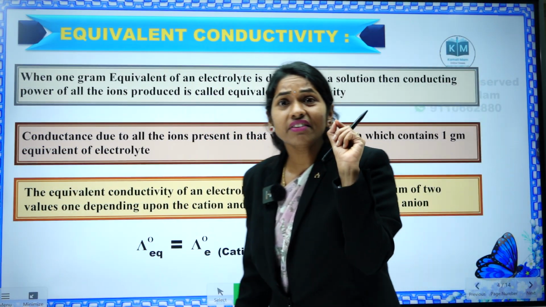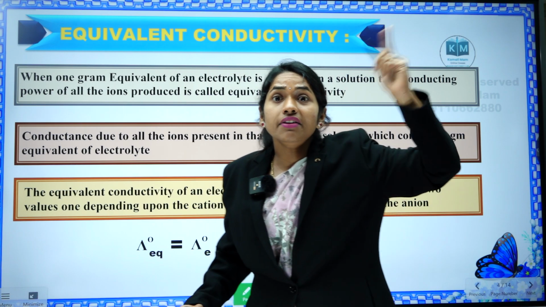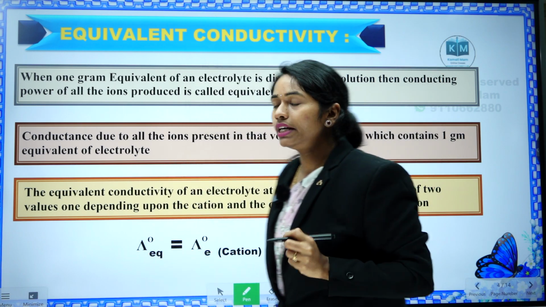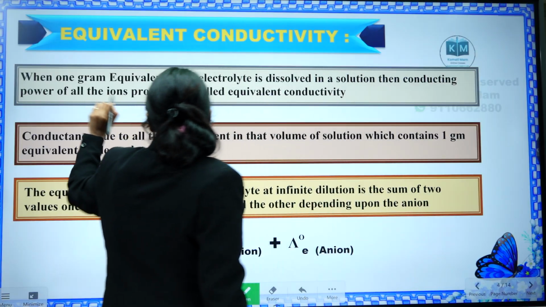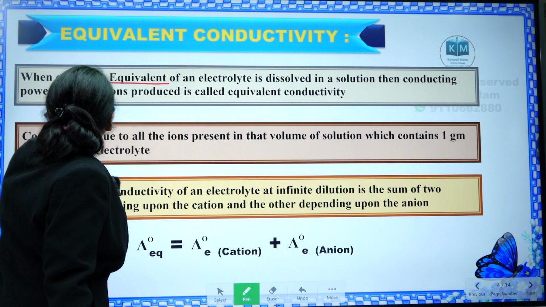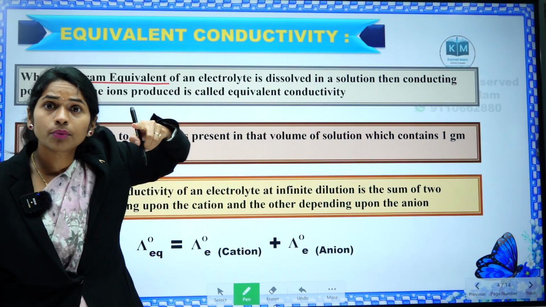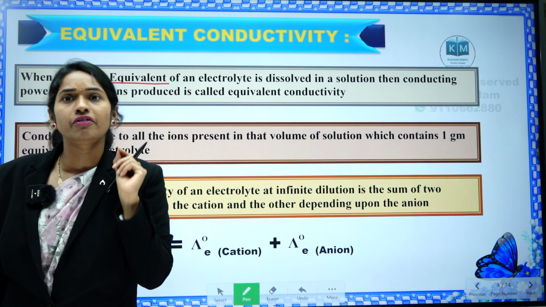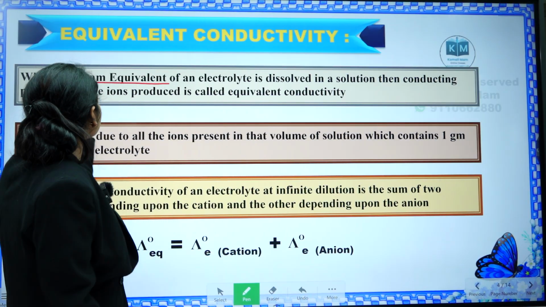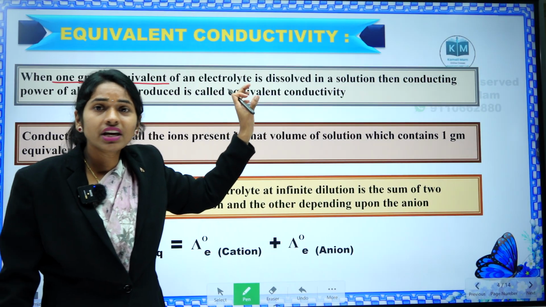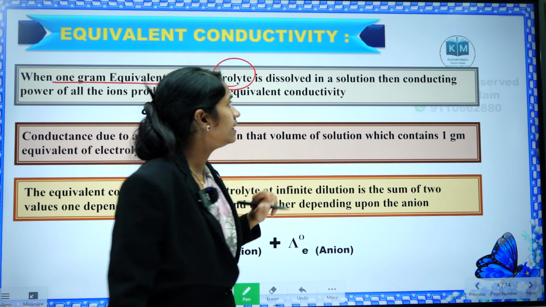What is equivalent conductivity? What is the difference between both? See, identify the difference. Before, for molar conductivity, 1 mole of an electrolyte is dissolved in a solution, but in this case 1 gram equivalent of an electrolyte is dissolved.